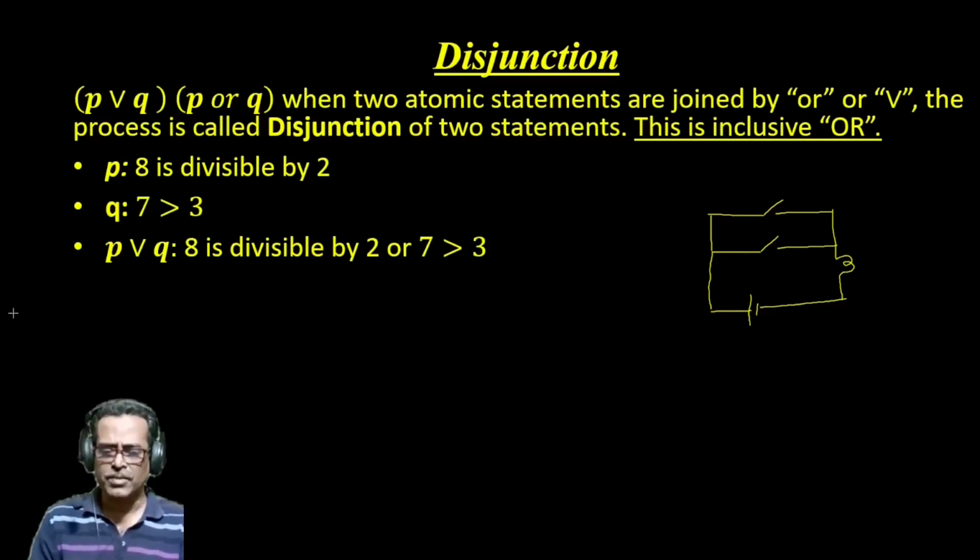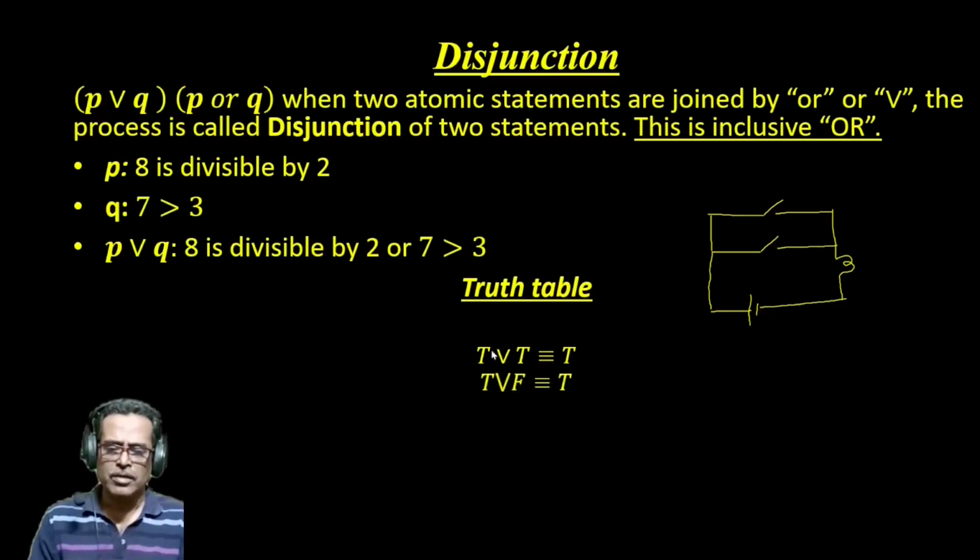So from this we can say its truth table: true or true is equal to true, that is both are on, it becomes true. True or false, one of the switches is on and another off, so it is true. False or true is true, but false or false is false. This is the truth table of disjunction.